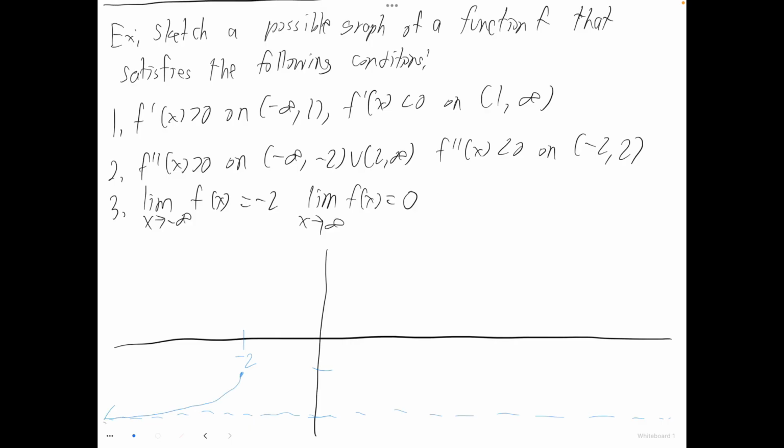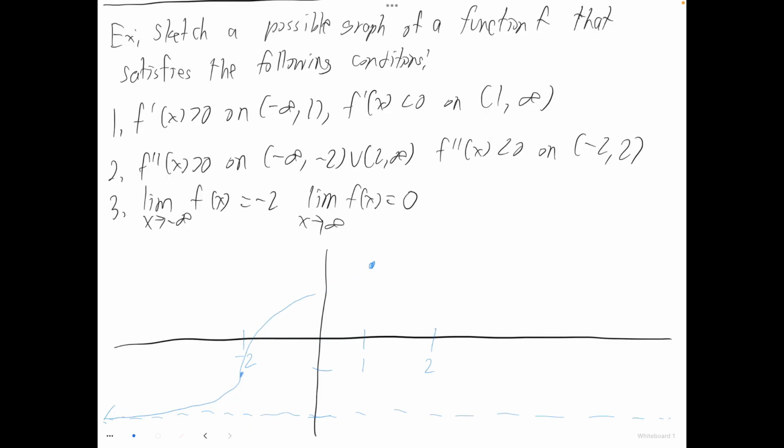So the graph to the left of -2 looks kind of like this. Now we have a local max at 1, because we changed signs from increasing to decreasing there.